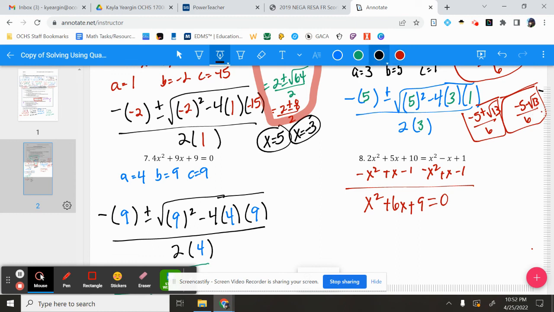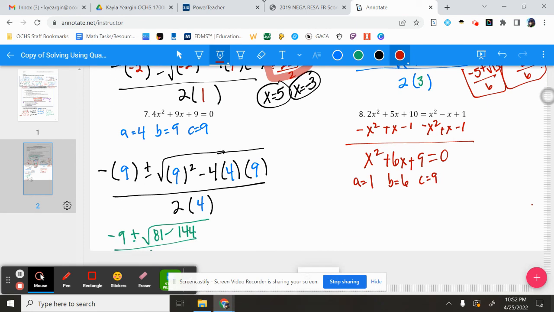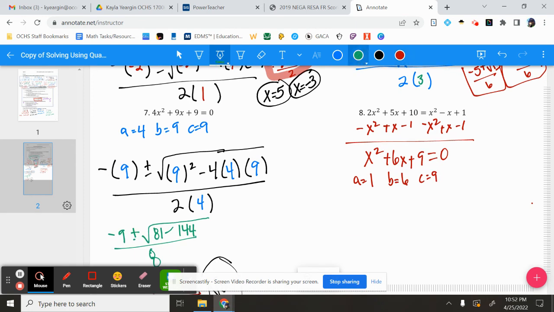Well, in this case, I still want to go through and identify my a, b, and c. So a equals 1, b equals 6, c equals 9. Negative b plus or minus square root b squared minus 4 times a times c divided by 2 times a.